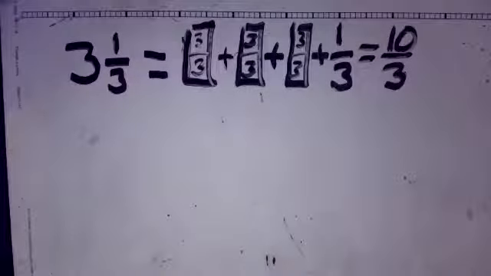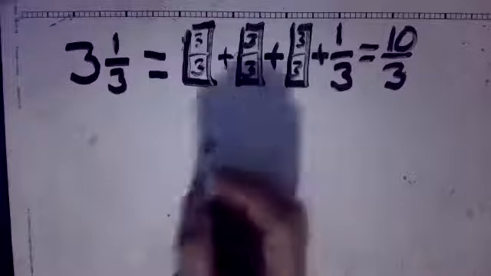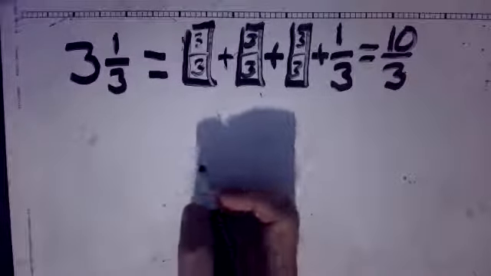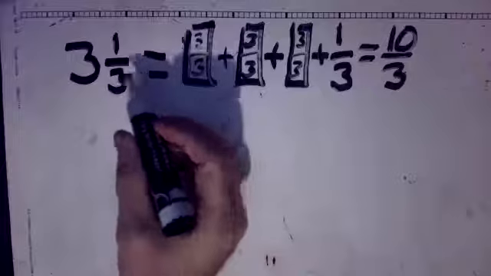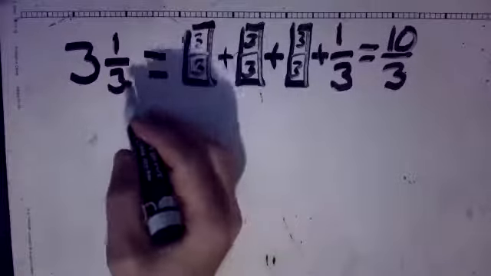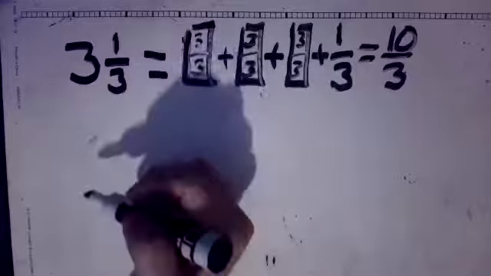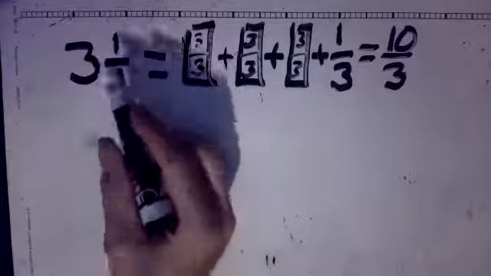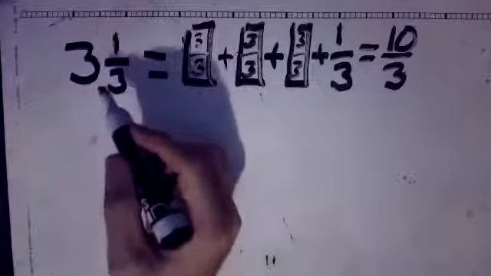And so that leads us into the last one, which is a little trick strategy to make it go quicker. And instead of erasing, I'm going to do it right underneath. We can look at our denominator. And that's how many it's going to be. So our denominator says it's 3 thirds each time. Our whole number says how many times that is.